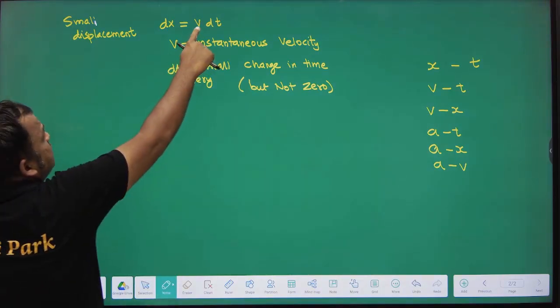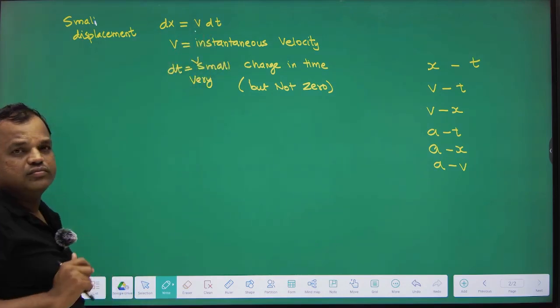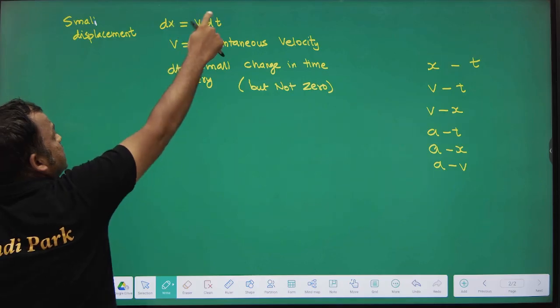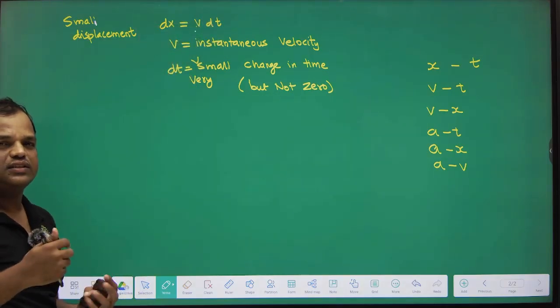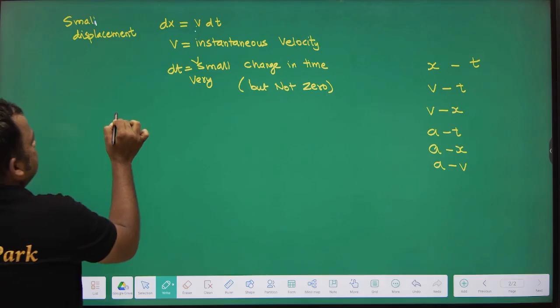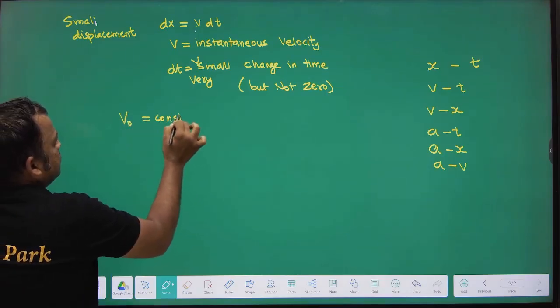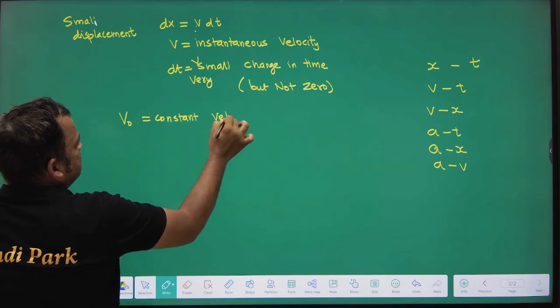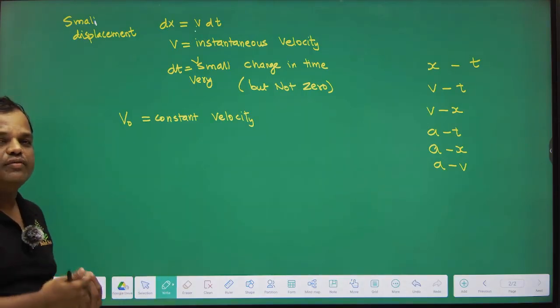Let us draw a graph involving v and t, that means velocity and time. For basic understanding, let's take a constant velocity v naught. So how is the vt graph?